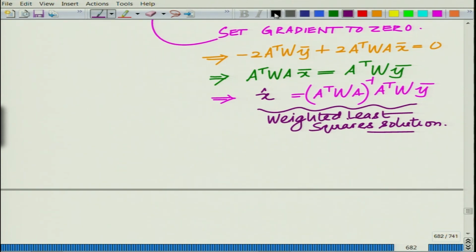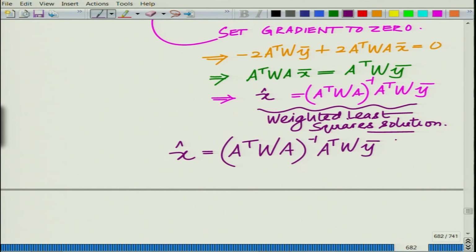This is your x hat equals A transpose W A inverse A transpose W y bar. All right. So, this is essentially the solution of the weighted least squares problem, where W is your weighting matrix.